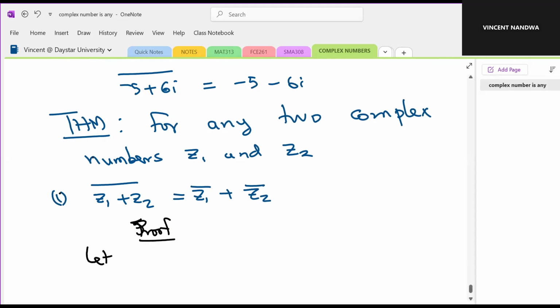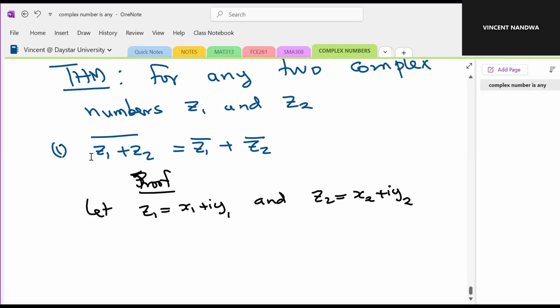You can say let Z1 be given by x1 plus iy1 and Z2 be given by x2 plus iy2. Let these be the structures of those two complex numbers, Z1 and Z2. Then Z1 plus Z2 is the same as x1 plus x2 plus i(y1 plus y2).